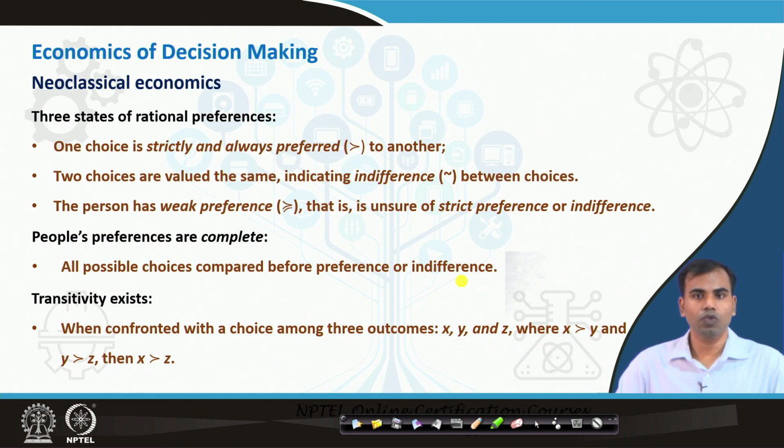Essentially, this leads to another assumption, which implies that there exists a transitivity. If there are 3 alternatives, let us say x, y and z, and x is greater than y in terms of utility, similarly y is greater than z, which means x is more preferred than y, and y is more preferred than z, it will automatically lead to the preference of x over z, which means x is better than z in terms of utility derived.